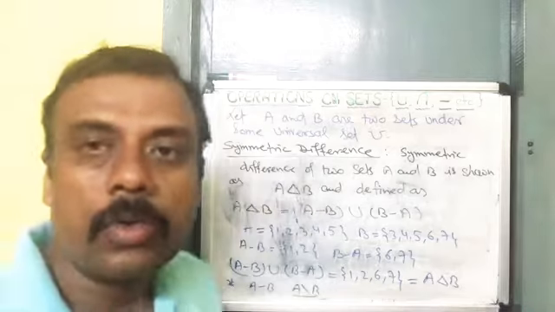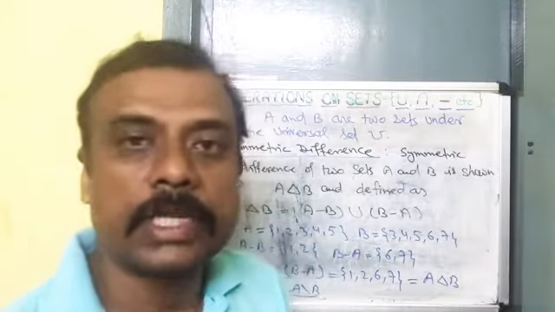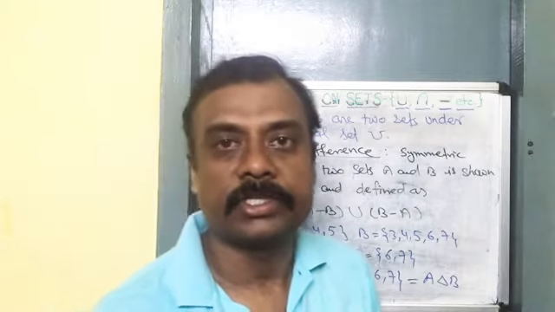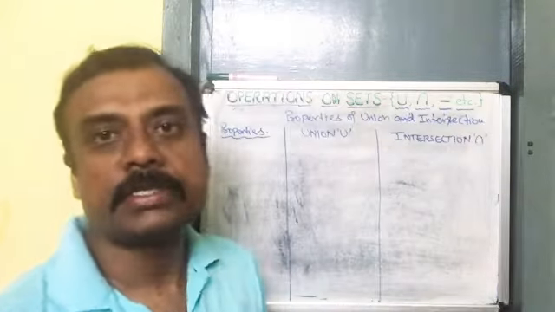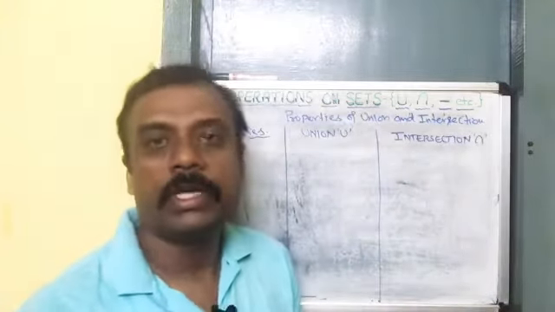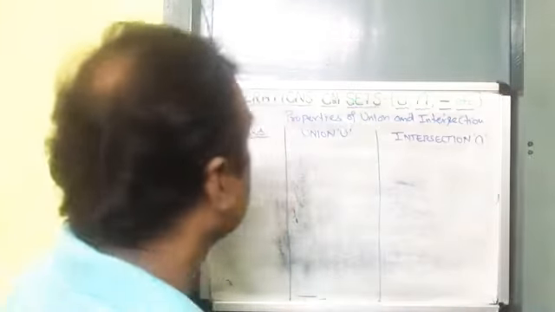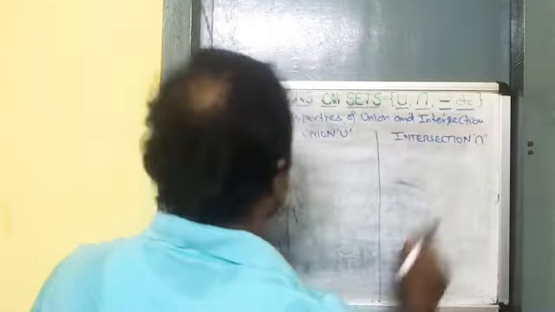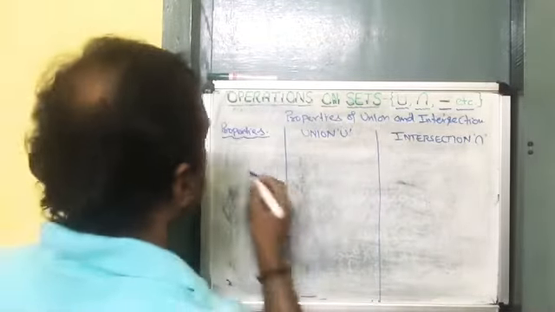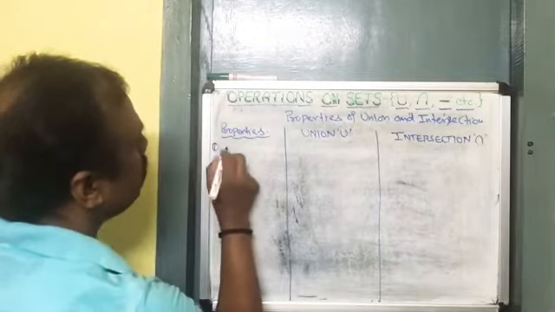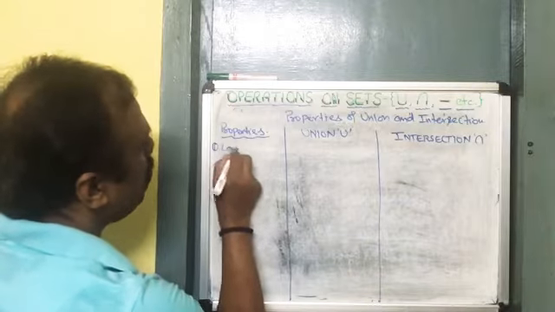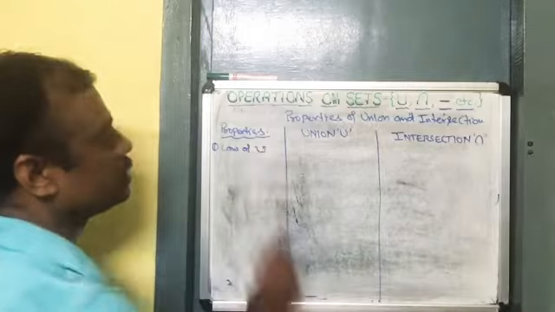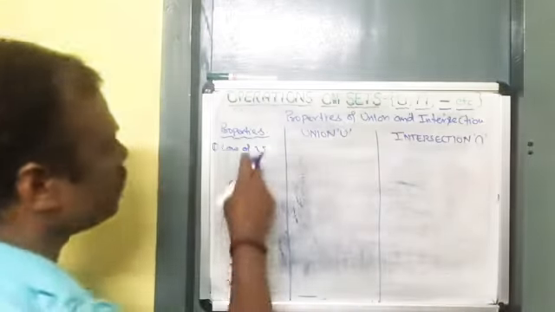Now let us try to understand some properties of union and intersection. The first property we are going to discuss is the universal law.